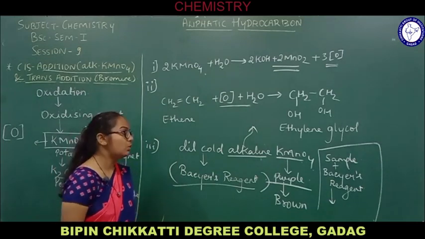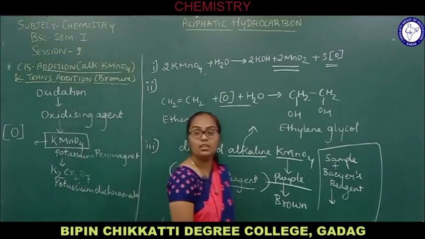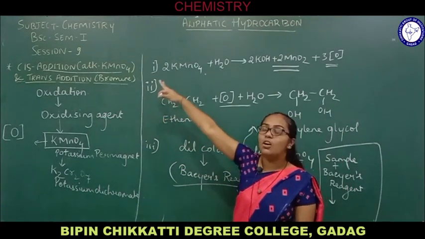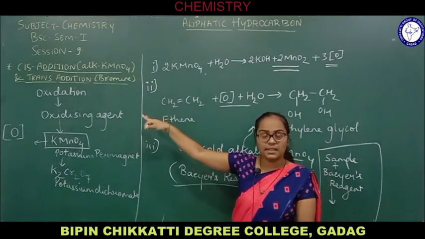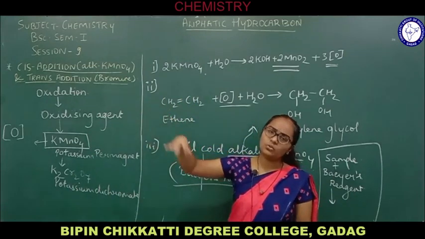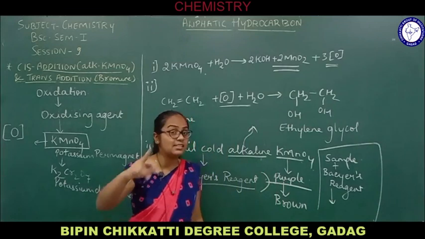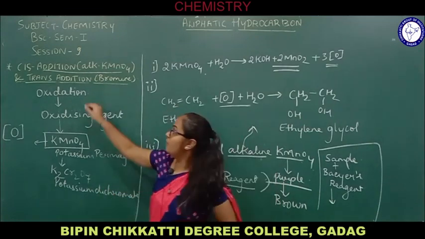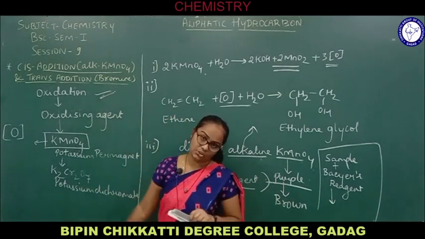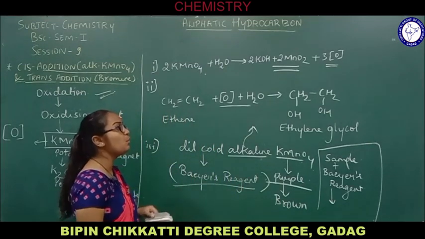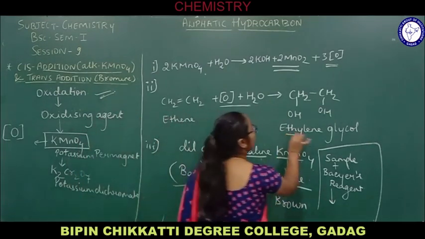Okay, so that was all about the cis addition of alkaline KMnO4, taking place through the same side. That's why its name is cis addition, and this is basically taking place through a process called oxidation to form an important compound called ethylene glycol.